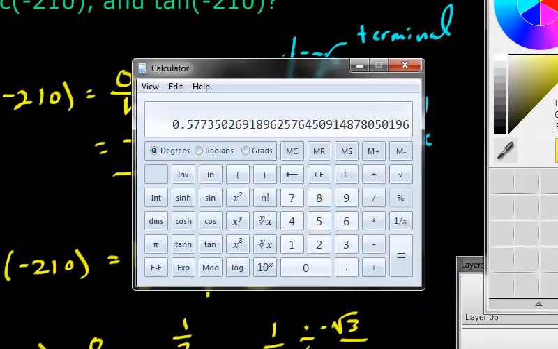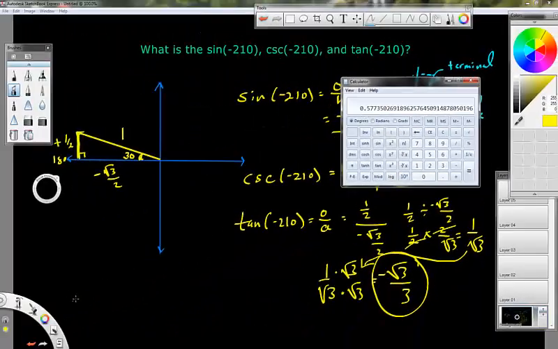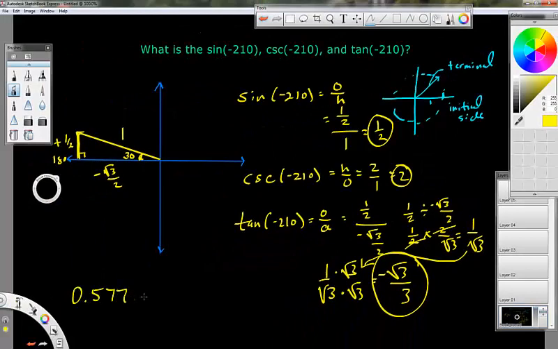Okay, back to my calculator. I want you to remember this. In fact, let me just write it right here. 0.577 and so on. This is equivalent to negative 0.577.